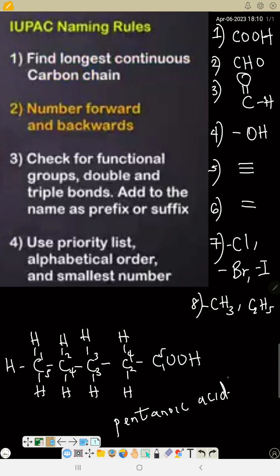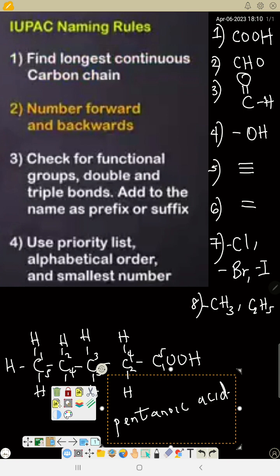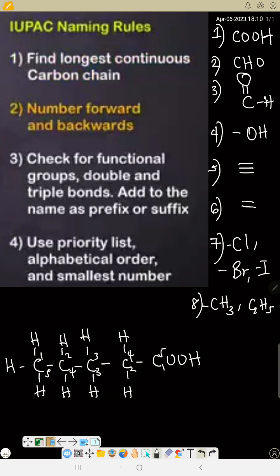So now let's say I change the COOH. Let's say I attach chlorine here, so you can know the priority list. In my next video I will do questions on how to name generally, but here is just to understand the rule. Now I have a COOH group and I have halogens.